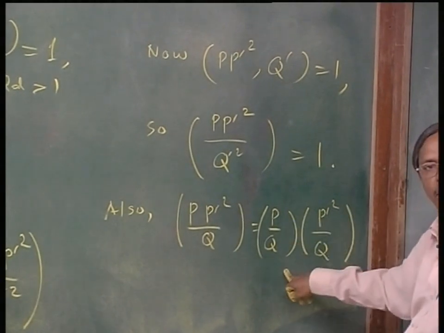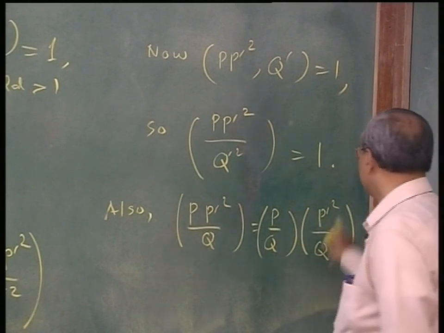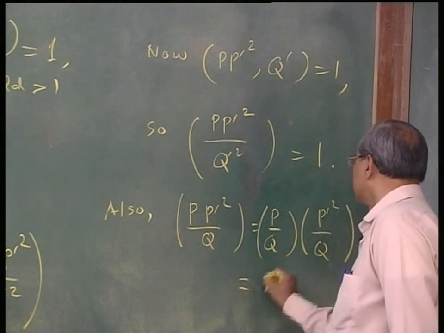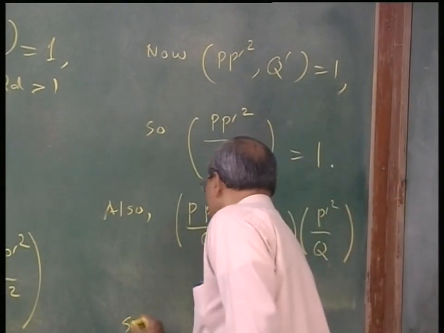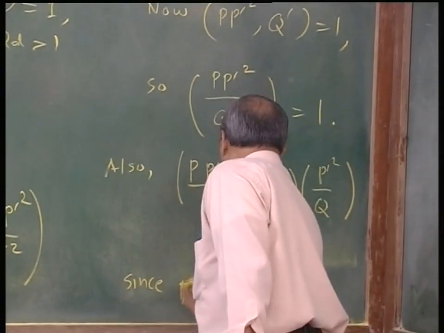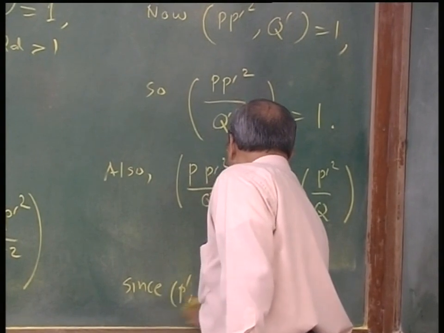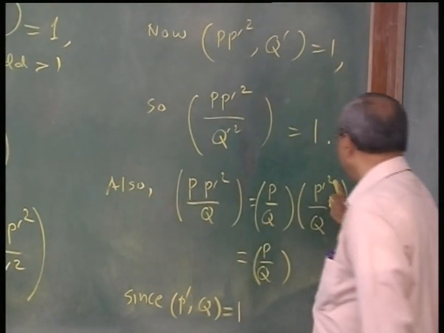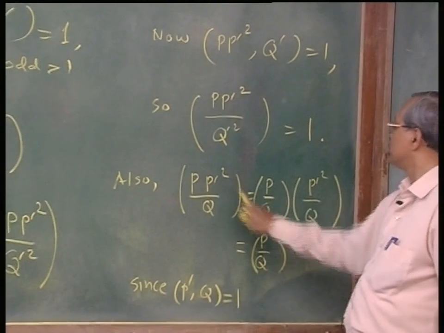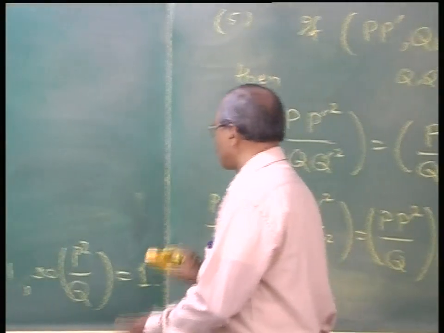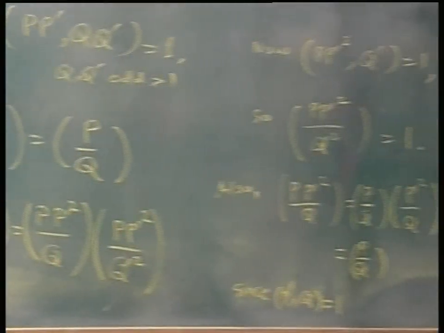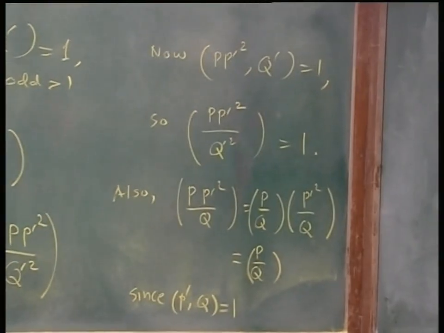So it is (P/Q), this square here. So this is equal to (P/Q), meaning the GCD of P' and Q is 1, and you have a square here, so this is 1. So this is (P/Q). And that shows that (P'²/Q'²) is equal to the Jacobi symbol (P/Q).